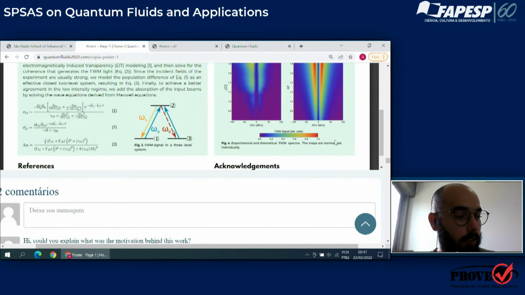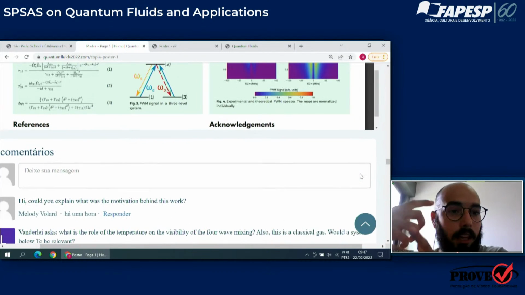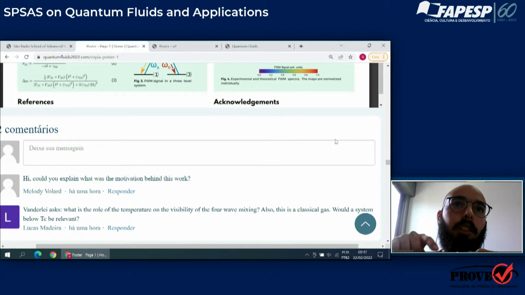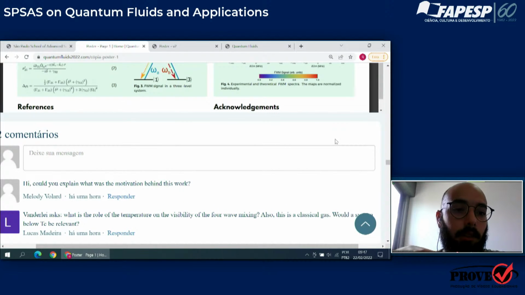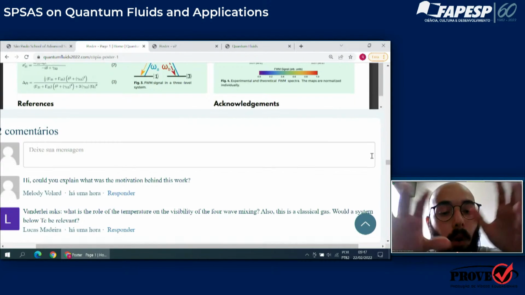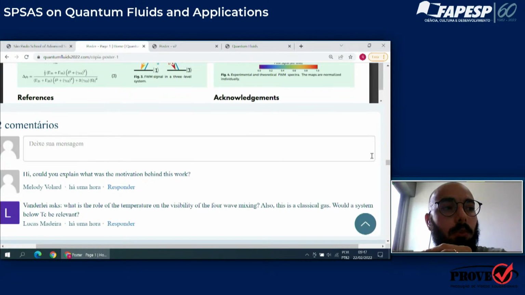We expected these correlations to be classical. We do know that the probe beam and the generated field in a four-wave mixing signal are entangled. But the question we wanted to answer was, is there some correlation between the two four-wave mixing signals? This was the motivation behind this work.